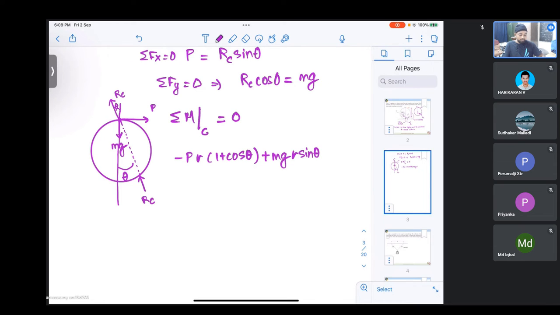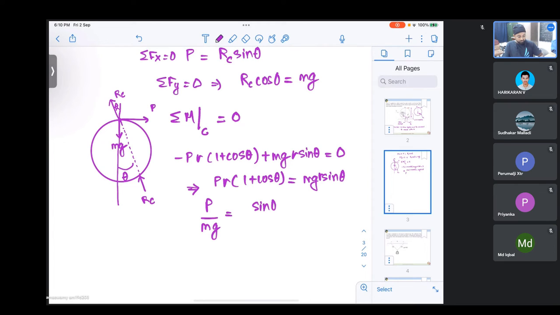There is nothing else because RC will not contribute because we are taking moment about C. So from here we can see that PR 1 plus cos theta comes out to be mg R sine theta. So r cancels out and P by mg we get it as sine theta upon 1 plus cos theta.